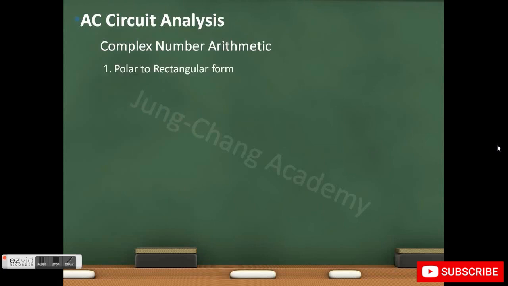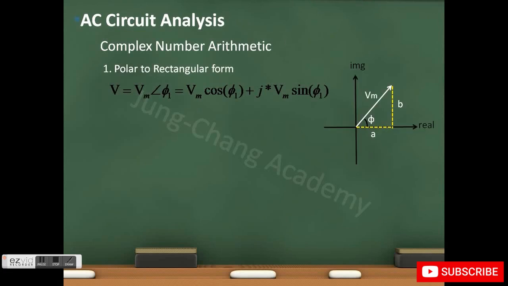So to change from the polar form, which we use for phasors, to a rectangular form, if we have V equals Vm with phase angle phi1 in the rectangular form, the real part is simply Vm times cos phi1, and the imaginary part is Vm times sin phi1.